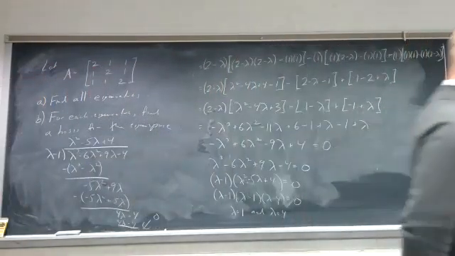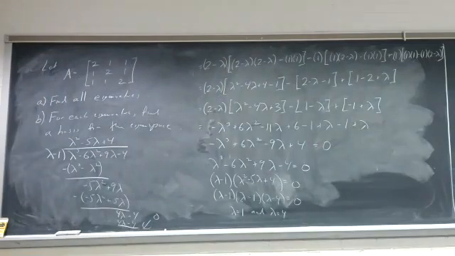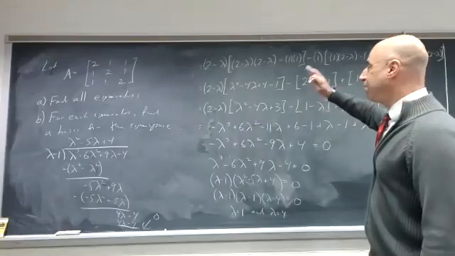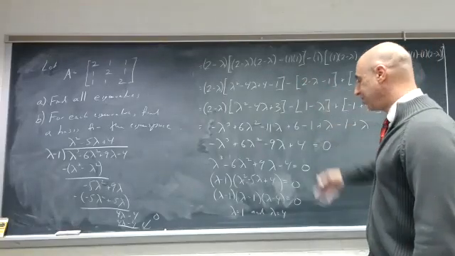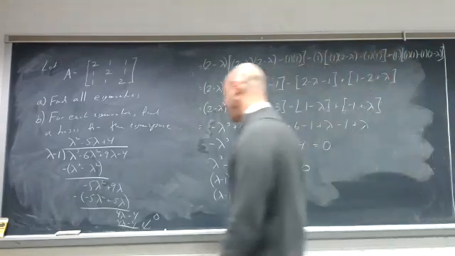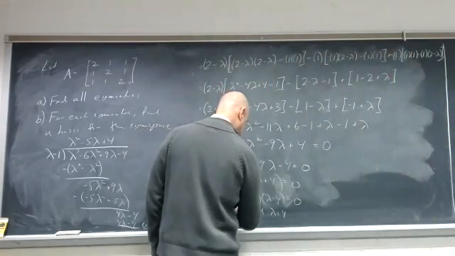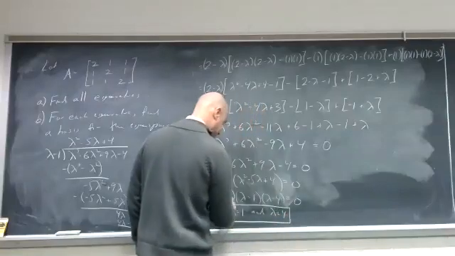It might have been a while since you did that. But you take the determinant of A minus lambda times the identity, set it equal to 0, and solve. So we've solved it. Lambda equals 1 and lambda equals 4.